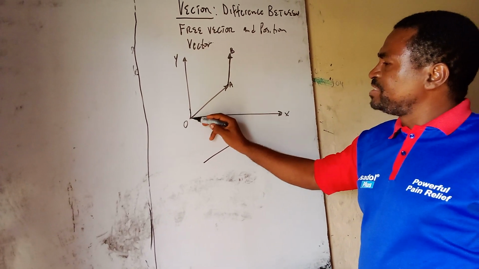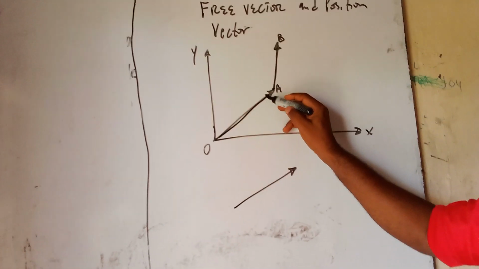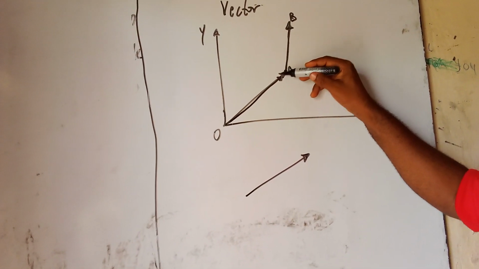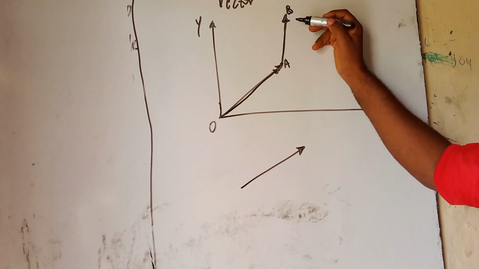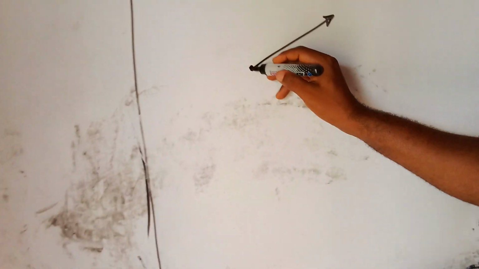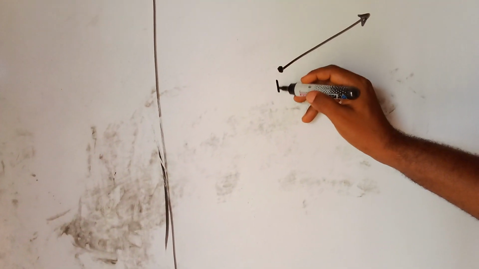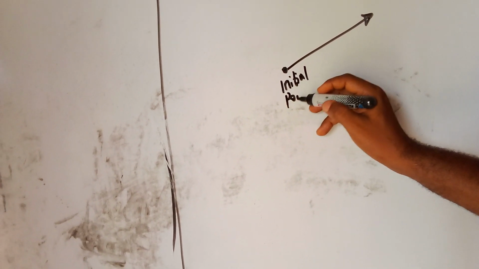To be able to locate point A, we move along this arrow from the origin to get to A. Now, after we have gotten to A, to get to B, from A, we move along this arrow to get to B. Now, in normal definition of vector, the starting point here is called the initial point.